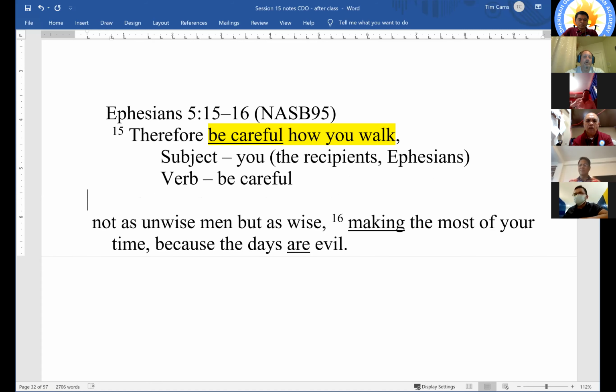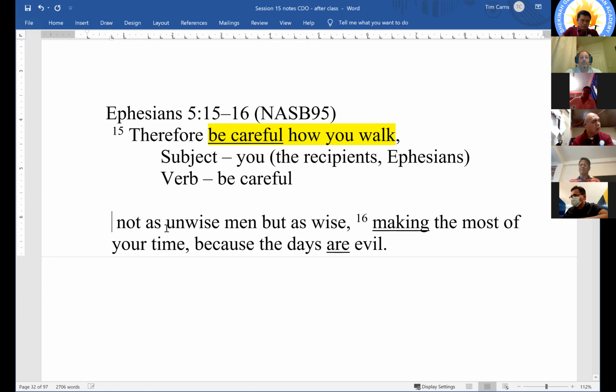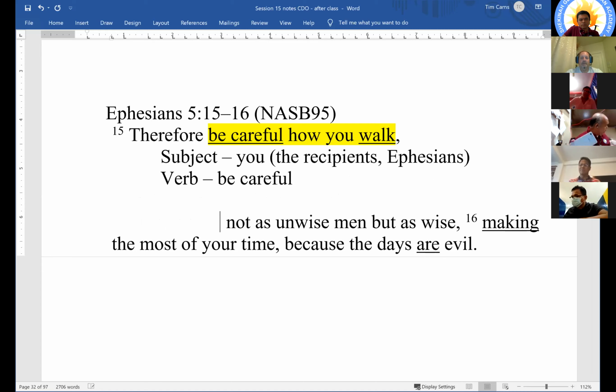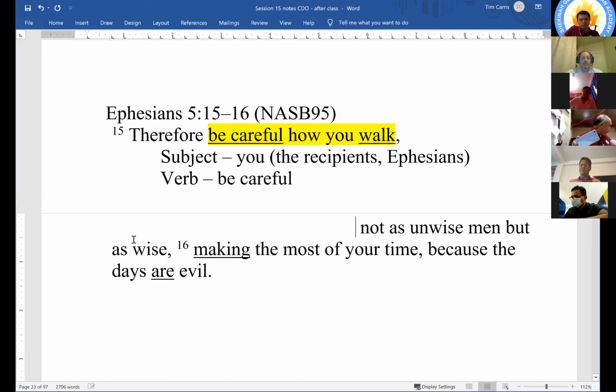And then how you walk is actually modifying the verb. All right? And notice that how you walk then, this phrase modifies that. How are they to walk? By the way, walk is a verb as well. So how you walk, and this phrase is modifying walk, and this phrase is modifying walk.